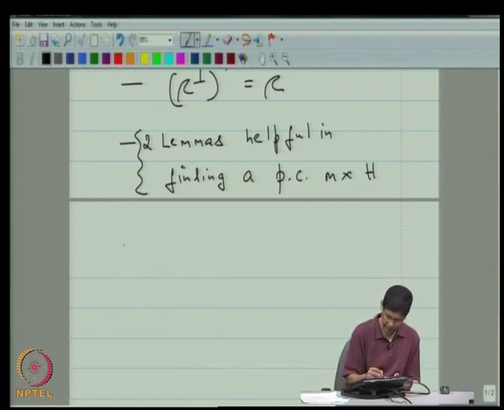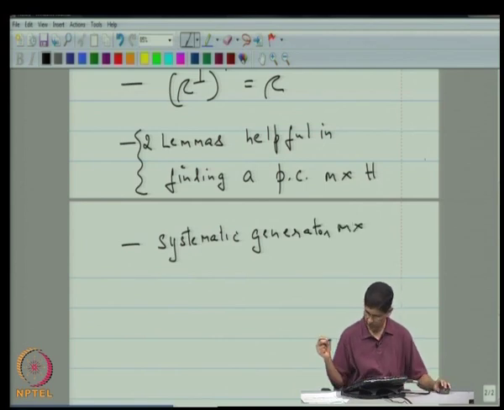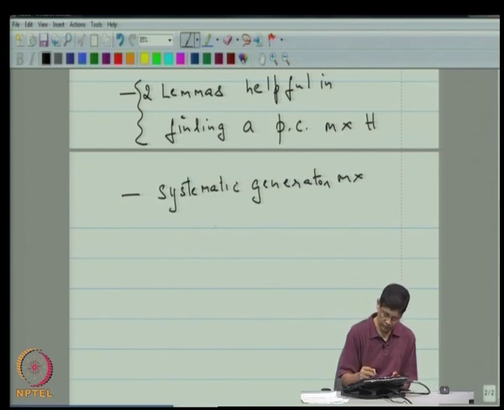And then we looked at what it means to talk about a systematic generator matrix. And so, for this particular case, we showed how to find H.